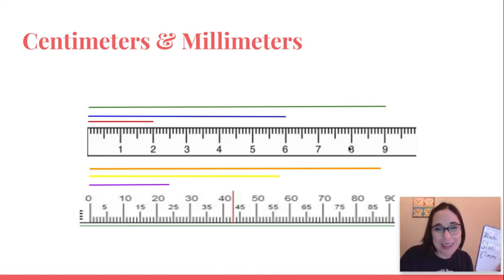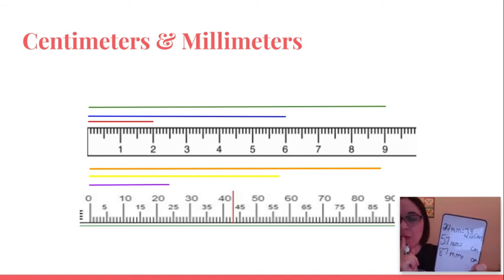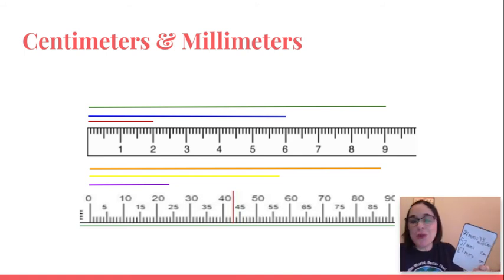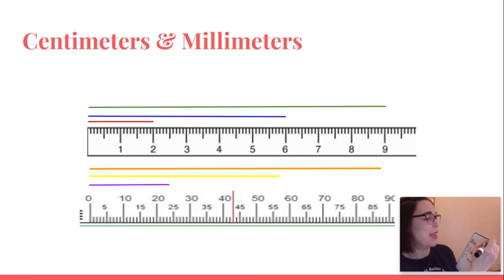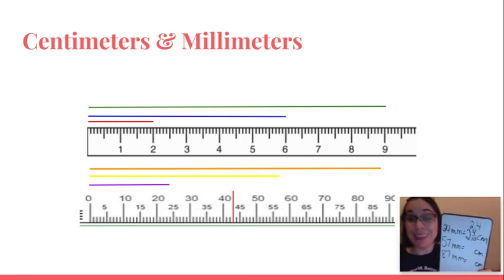If I were to use this ruler to measure this purple line, it would be 2 whole and a little bit more. 1, 2, 3, 4. 2 and 4/10 of a centimeter. Could we write that another way? Of course, it's base 10. We could write that as 2 and 4/10 of a centimeter as a decimal.